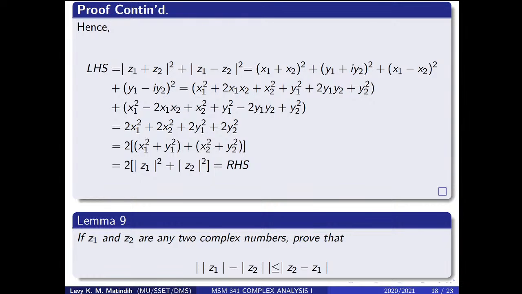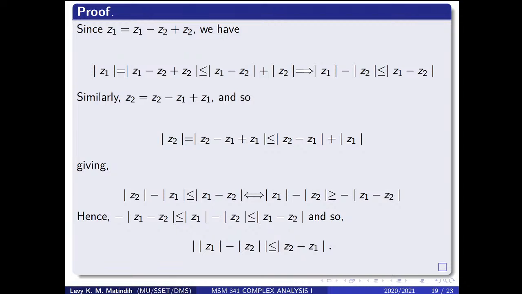You can look at this in your own time, but it's the same approach as lemma number 7 and the other lemmas that you have looked at. The proof is here.